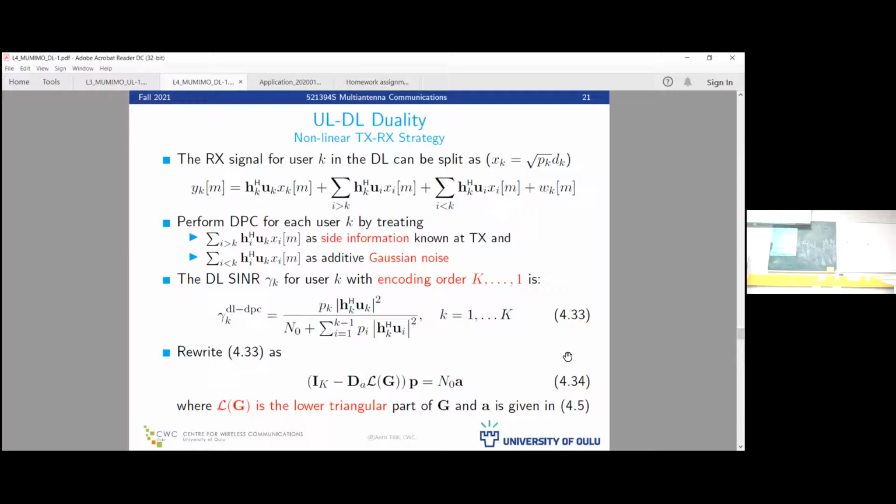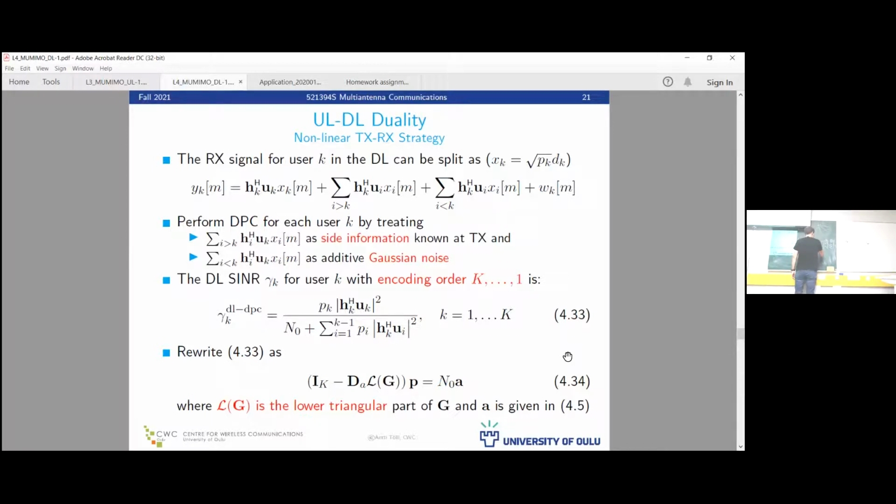Okay, let's start looking. What do we have there in the G matrix or partial G matrix? It's clear that some of those G's are zeros, right? Because they are removed, pre-subtracted. So, assuming encoding order 3, 2, 1, the user 1 is encoded with full information of others, so it can be removed. So we have G1,1, and then 0 and 0, right? No interference from users 2 and 3.